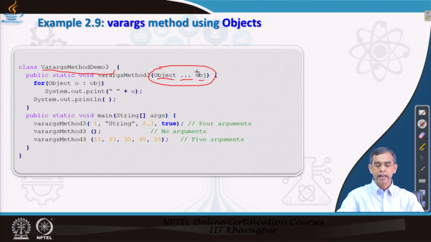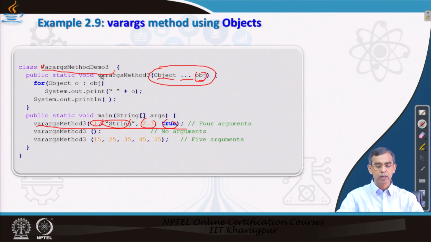That means we can pass any type of values and any number of them. Now, here we call this method, var arg methods 3. In this call we pass an integer, a string, a float and a boolean.